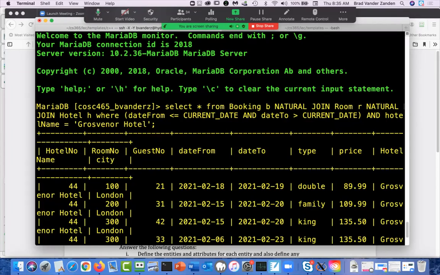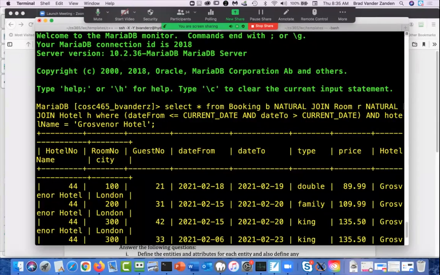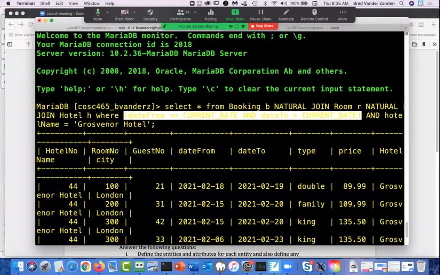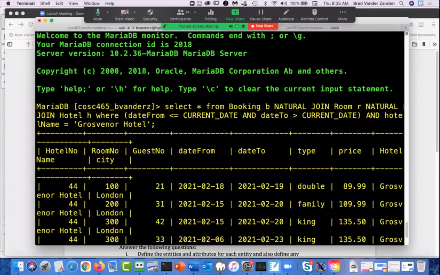What I have here is the way that it should be done, which is you need to get all bookings where the date is less than or equal to the current date and the date to is greater than the current date. That gives you all bookings where the room is currently occupied. And hotel name equals Grosvenor Hotel gives you all bookings that are at the Grosvenor Hotel.